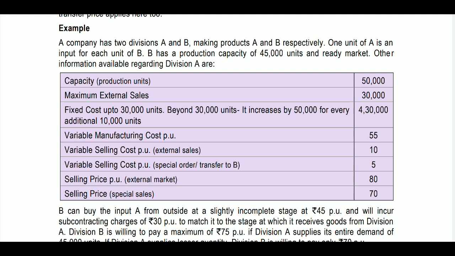The selling price provided in case of special sales is 70 rupees, minus 55 rupees manufacturing cost, minus selling and distribution of 0, because selling and distribution applies only to the external market. What is the external market range? 30,000 units. So in case of a special order, the contribution will be 15 rupees.